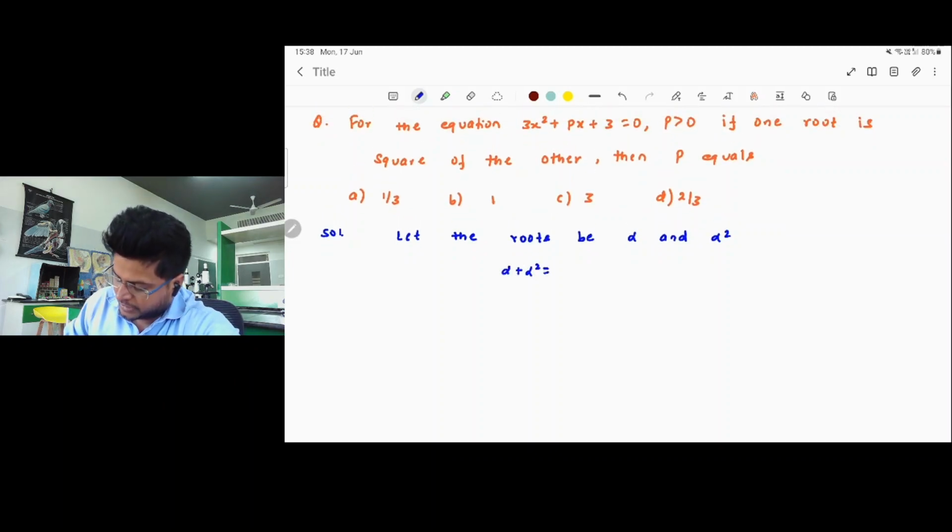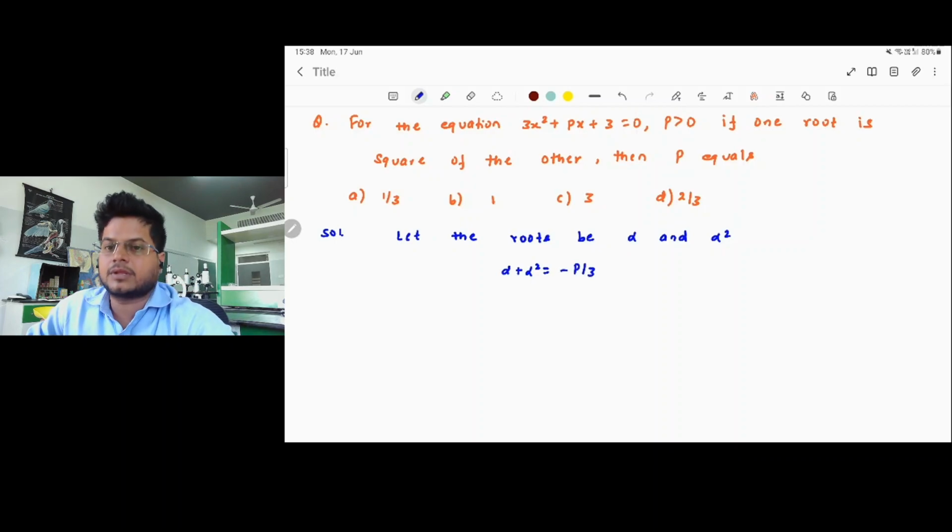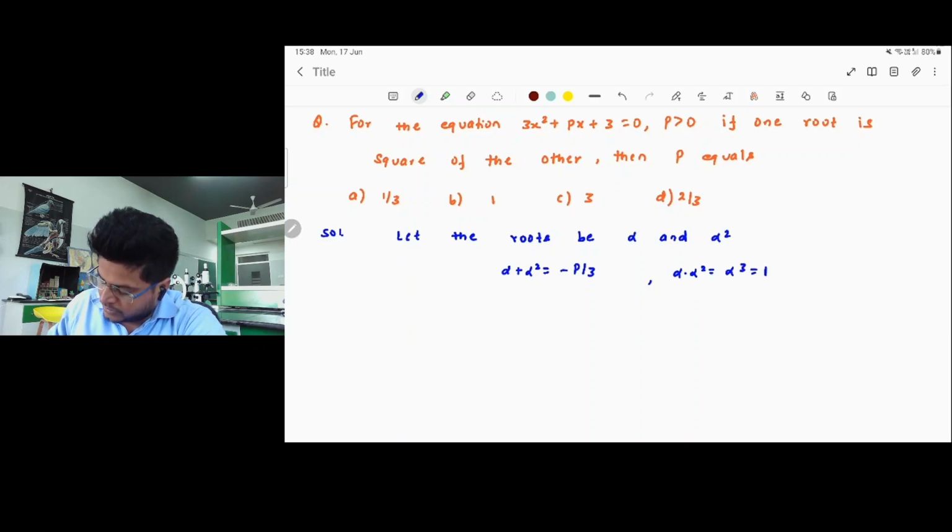Alpha plus alpha square equals minus p by 3. And then product alpha into alpha square, which is alpha cube, equals 1. Right? Okay.